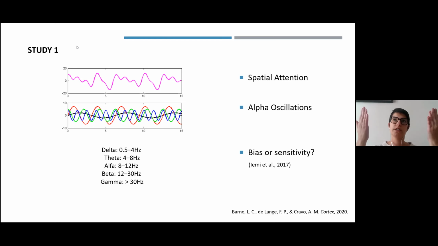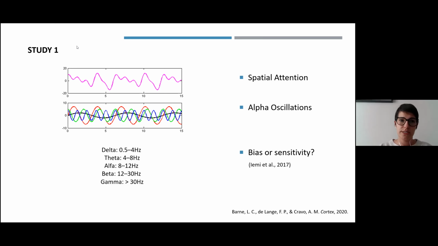You could do two things. If you have just a detection task, it could be that you are just increasing your sensibility to detect, but not the sensitivity to discriminate things. So in a sense, since I'm more prone to see things because I'm more excited, it's just a matter of bias and not really sensitivity.